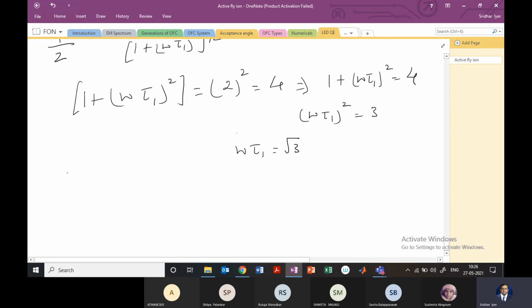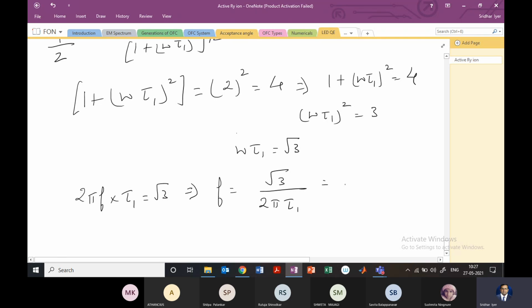Now let's write this in the form of frequency. Omega is 2 pi f into tau 1 is root 3, which implies, if I write this in the form of frequency, it will be root 3 divided by 2 pi tau 1. So this will be root 3. Tau 1 value is given to us, which is 5 nanoseconds.